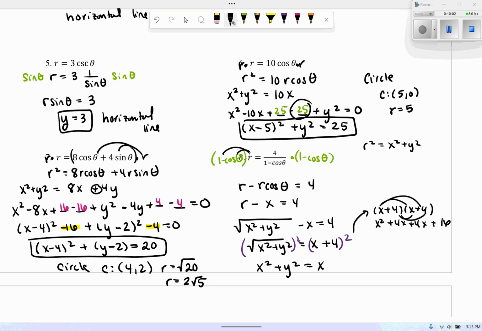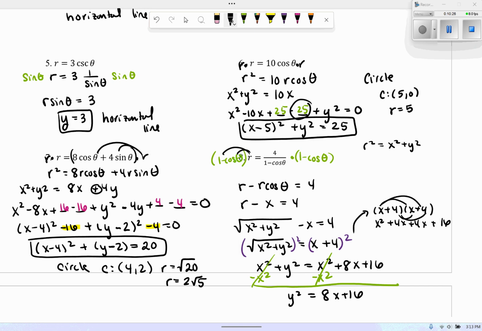So this becomes x squared plus 8x plus 16. Like I said, it looks like it'd be the equation of a circle, but when you combine your like terms, notice that this x squared quadratic term is going to cancel out. So I'm left with y squared equals 8x plus 16.